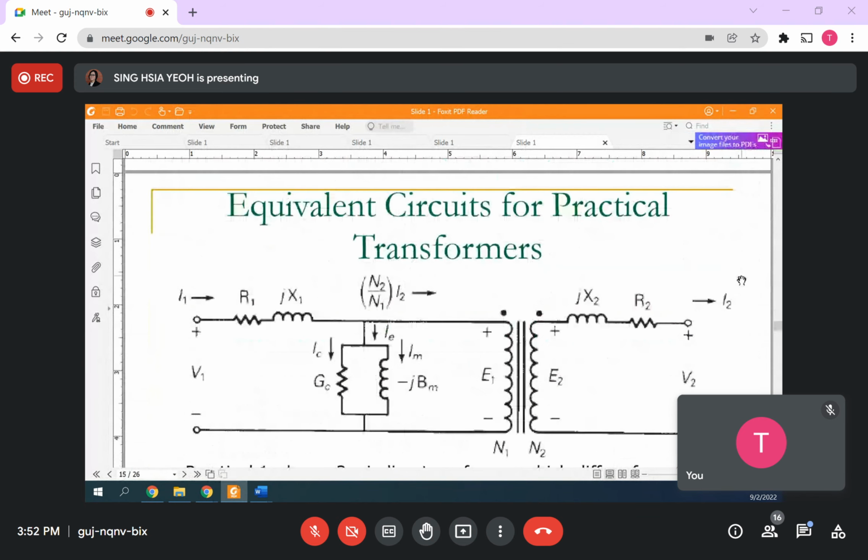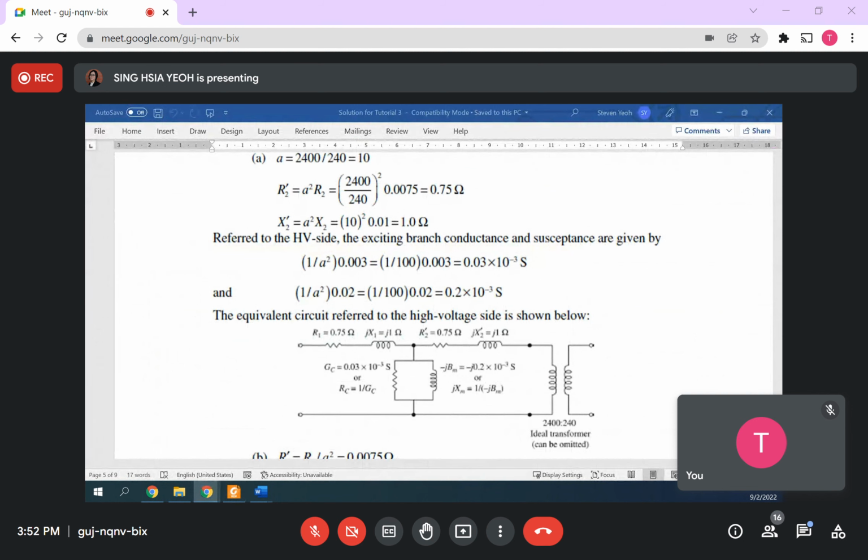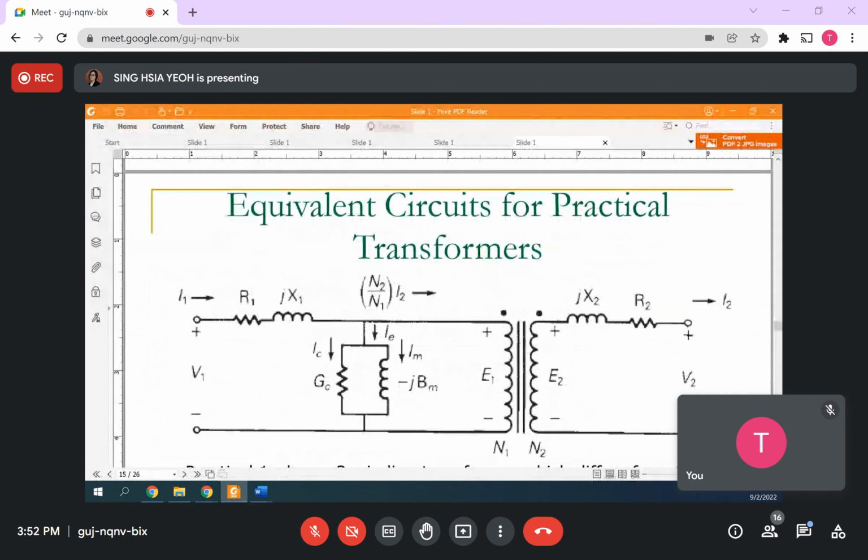This one, equivalent circuit for practical transformer. So we know that R and X are in series, and this one will be the susceptance, the admittance. Nicholas, am I answering your question? So you refer to the lecture notes on the practical transformer. Okay?